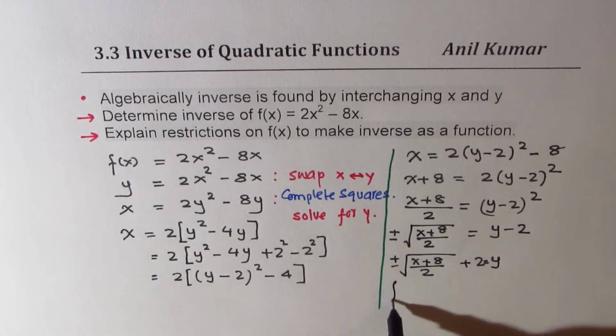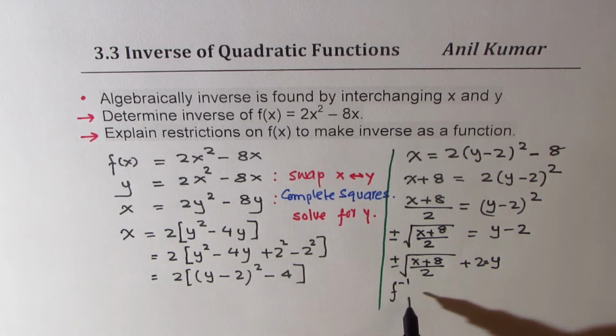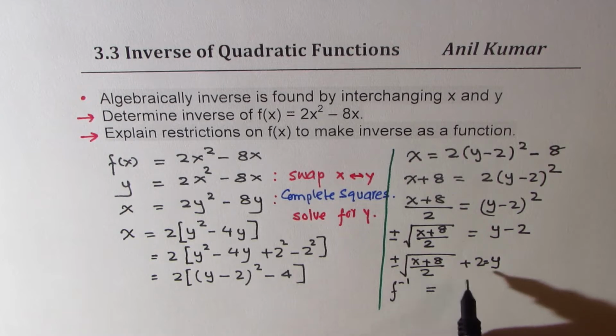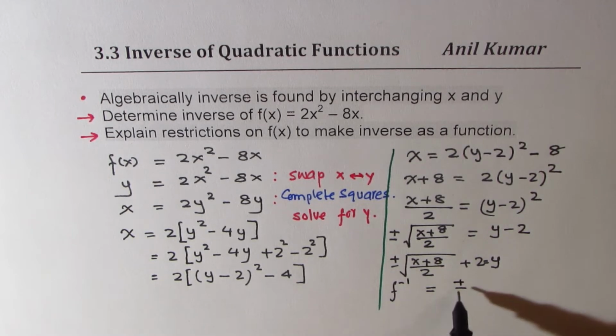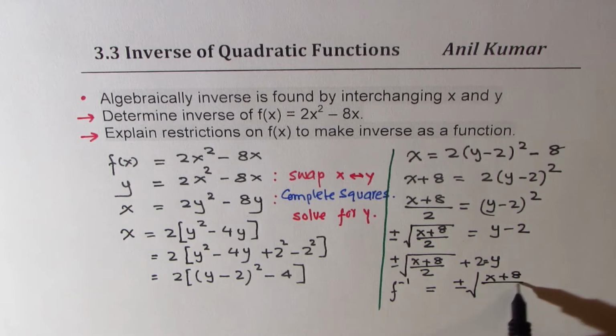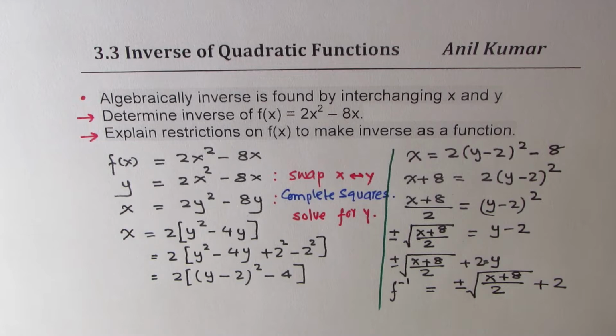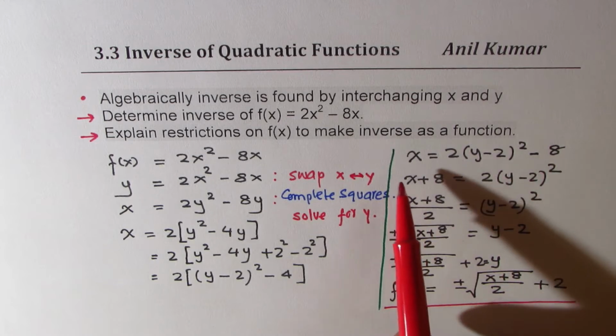So you can now write that the f inverse of this particular function is equal to, we are not writing f inverse of x since this is not a function. We got here plus minus 2 values. Do you understand? Plus minus square root of x plus 8 divided by 2, plus 2. Now to check whether this is the right answer or not, we can actually see how it works backwards.